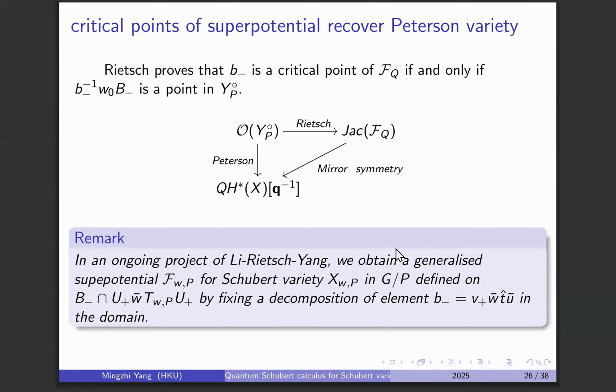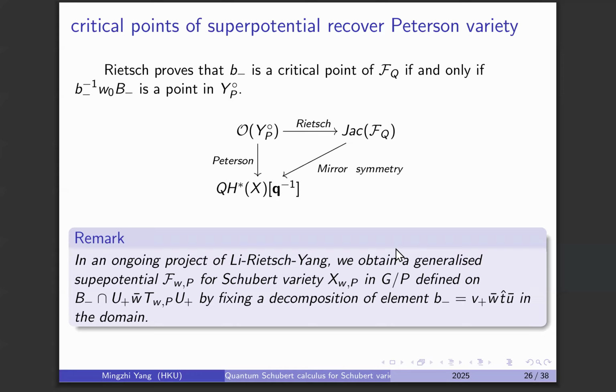In the bottom, you have the quantum cohomology ring, and then Peterson constructed a vertical isomorphism. He constructed Y_P circ and considered the coordinate ring, and then constructed the superpotential F_q and considered the Jacobi ring. And these three rings are isomorphic to each other. And in our paper, I call this the Peterson program.